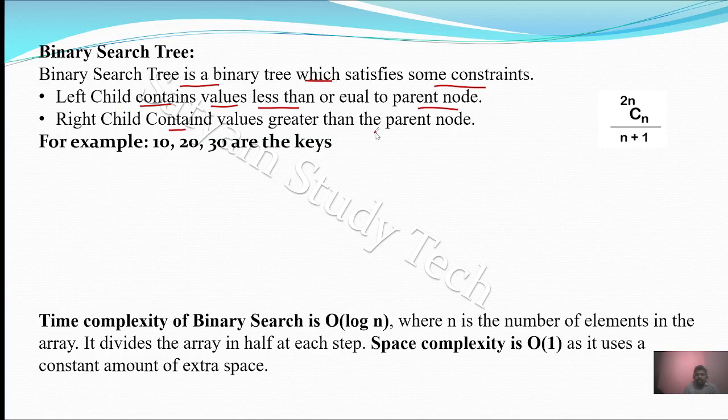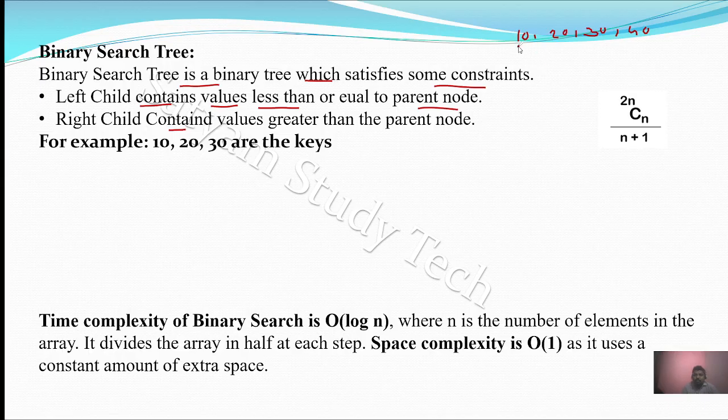So what is the meaning of that? Now for example, you have some keys: 10, 20, 30, 40. What is meant by a binary tree? A binary tree has at most two children, that is 0 children, 1 child, or 2 children.